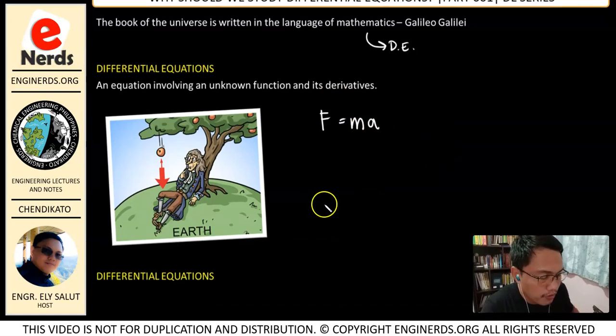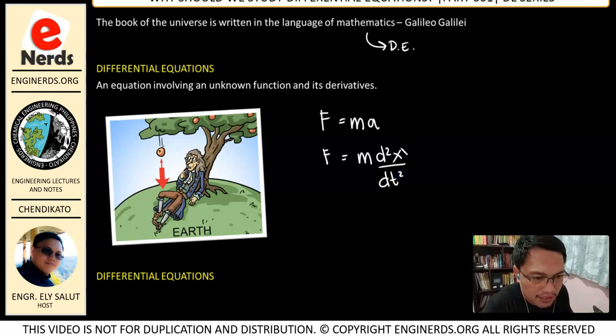So, more or less, it is written this way: F = m d²x/dt². So this is still not exactly how Newton wrote this, but this explains better than the first one. So as you can see, our acceleration here is d²x/dt², in which this is a second derivative.